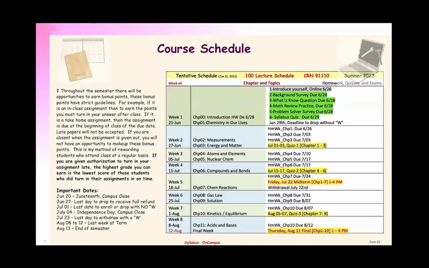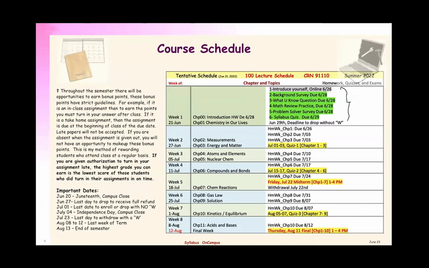This is the schedule. It's in the syllabus as well. Like I said, you can see right here in the beginning, these are all extra credit. Well, not all, some are required. Maybe a couple of them, but for the most part, if you want extra points, then do the math review practice, do the what-you-know survey.